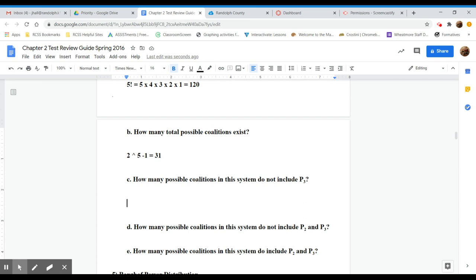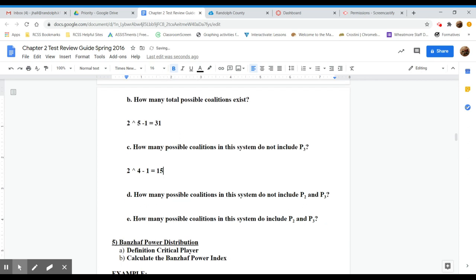So if we exclude player 3, now we're looking at 2 to the power of 4 minus 1, right? We've eliminated a player. So now it's just 2 times itself 4 times, which is 16, and then subtract 1. Now we've got 15 coalitions that do not include player 3.